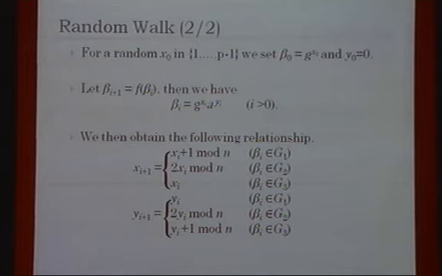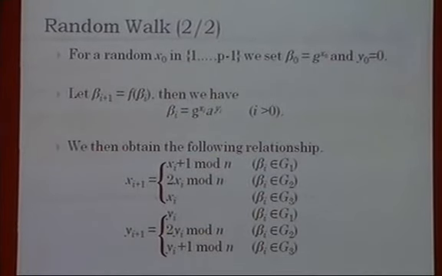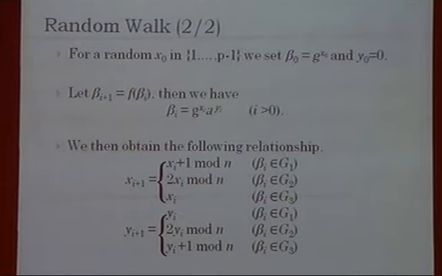Because in the case of G1 we just multiply by g, the exponent of g becomes plus 1, and here n is the order of the group, in this case p minus 1. And in the case of y, we don't change yi. In the case of G2, we compute the square, which means we compute 2xi and 2yi for both. And in the case of beta in G3, we don't change xi, and yi becomes yi plus 1. A very simple way.